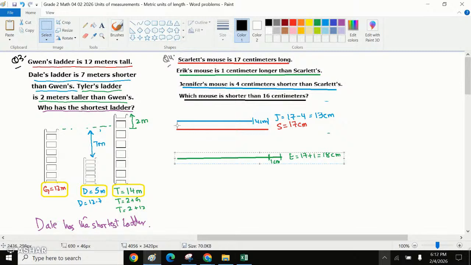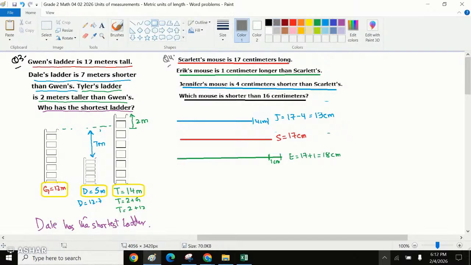We found out the lengths for Jennifer's, Scarlett's, and Eric's, right? So which one is less than 16?